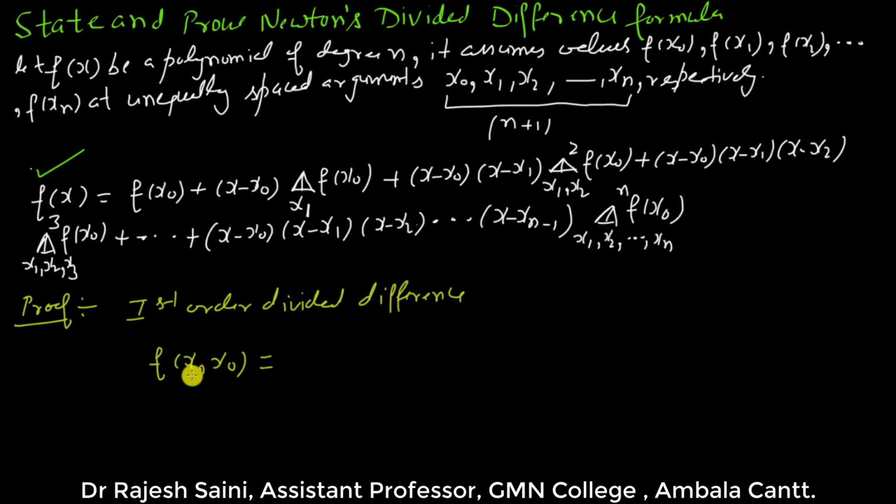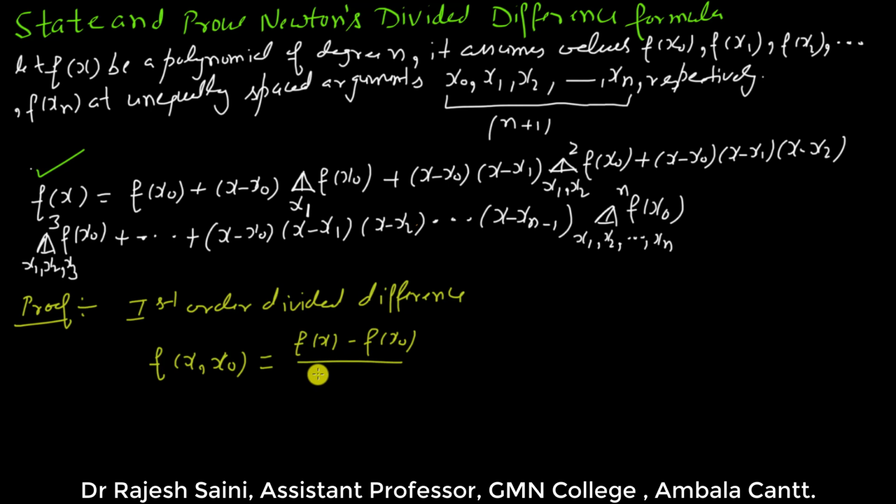One, I have taken x, the variable quantity, and x0 is a point at which the value is given, so one is variable and the other is constant. This value is given by the divided difference, f of x minus f of x0. I have already given you the definition.